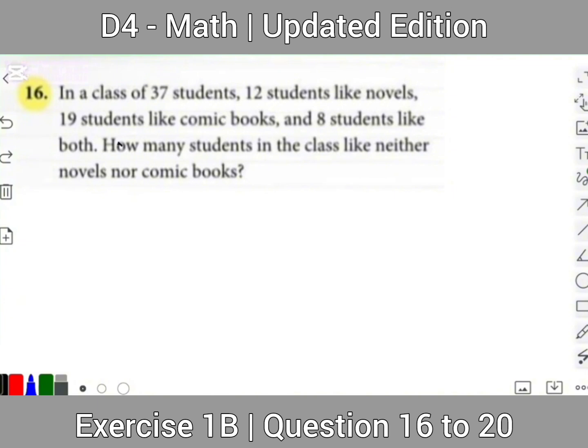So for this, first we will see what the given information is.